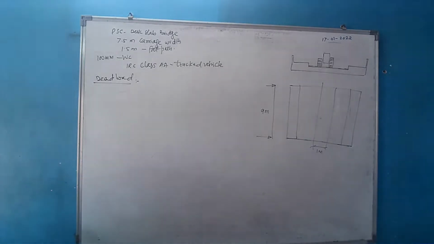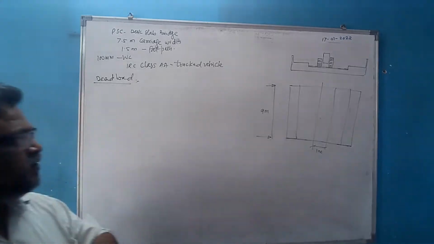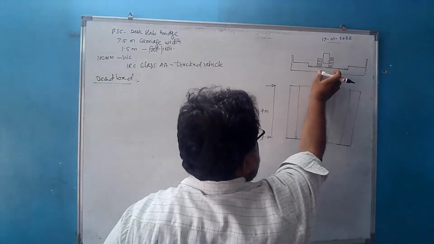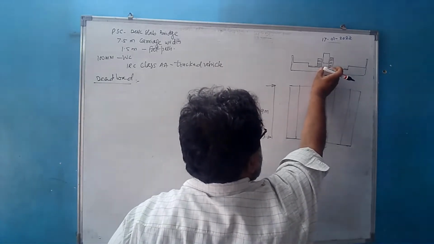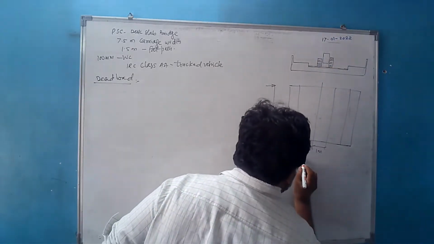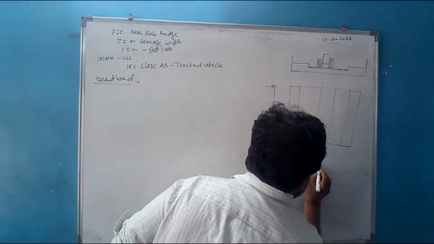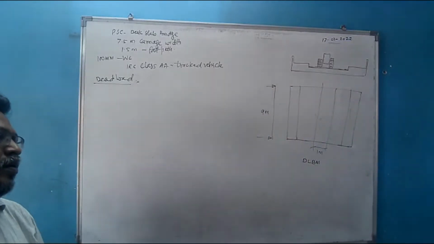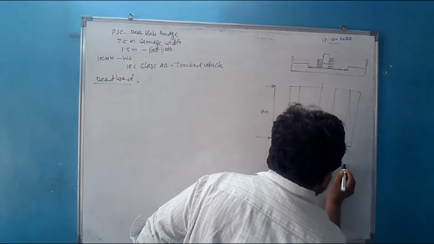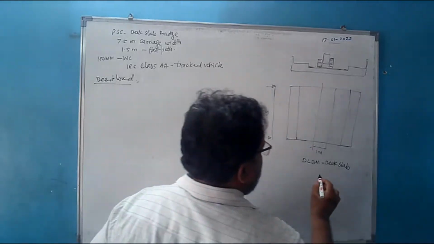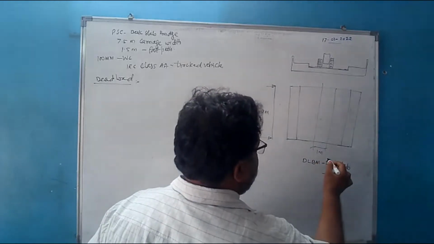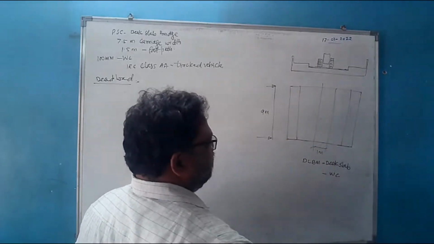So for this one-way slab, considering the width equal to 1 meter, we have determined the self weight of the deck, this pre-stressed concrete deck slab. Then we had considered the self weight of the wearing coat, and for that we had determined the dead load bending moment for the deck slab, then the dead load bending moment for the wearing coat, when the 1 meter wide strip is considered from the deck slab.